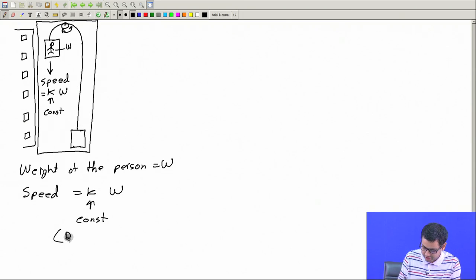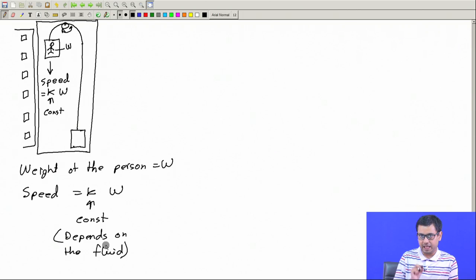It depends on the viscosity of the fluid and other factors. Now, this elevator is in a sense useless, because people can only come down from the top, no one can go up. But this elevator is useful because one can use it to measure the weight of a person.